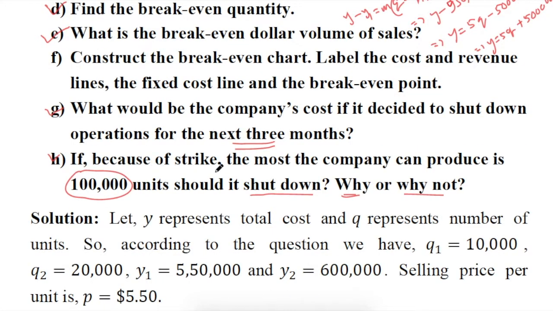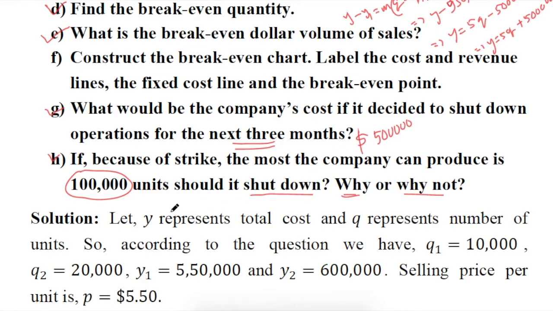And the last one is H. If because of a strike the most the company can produce is 100,000 units, should it shut down? If it is required to shut down, then why or why not? You need to explain it. So you see here, without operation, the company is in loss of 5 lakhs dollars.